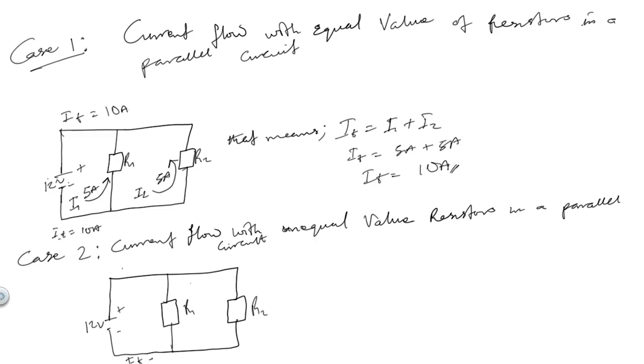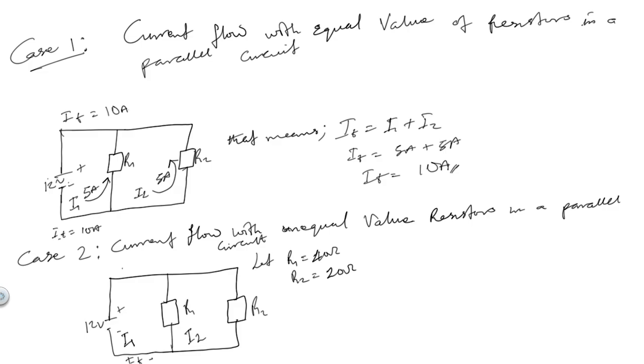When unequal resistors are placed in a parallel circuit, the opposition to current flow is not the same in every circuit. That means the opposition of flow in the I1 circuit will not be the same in the I2 circuit. So let's assume R1 is 40 ohms and R2 is 20 ohms.